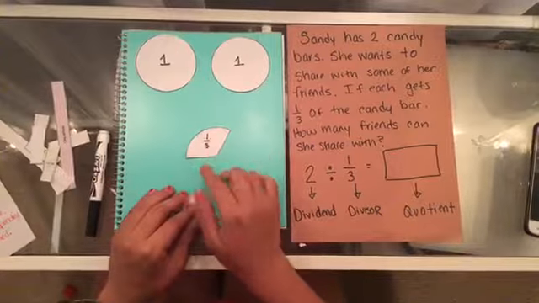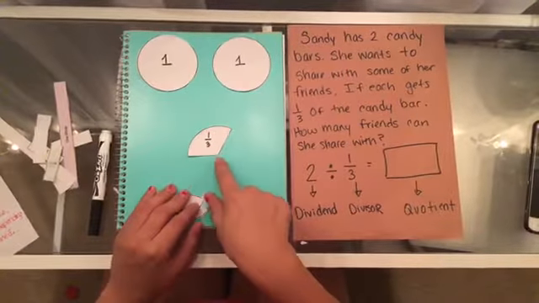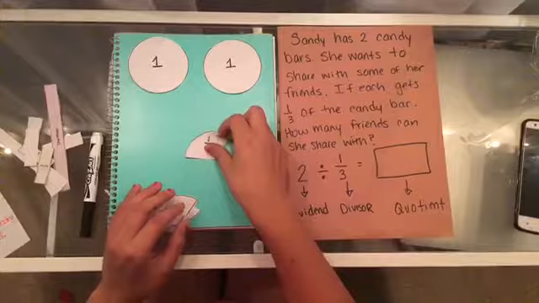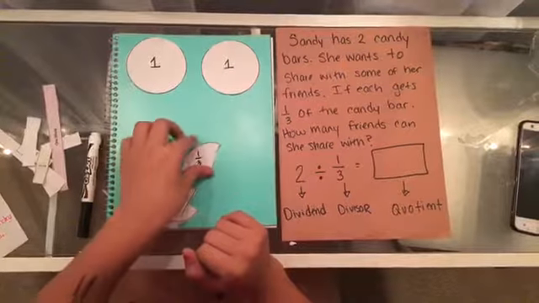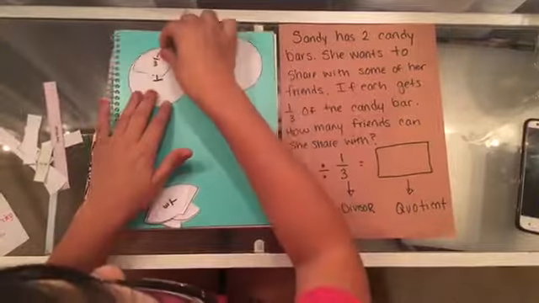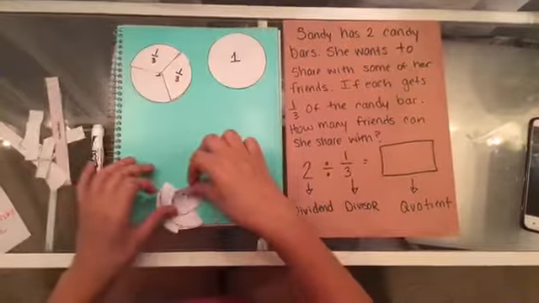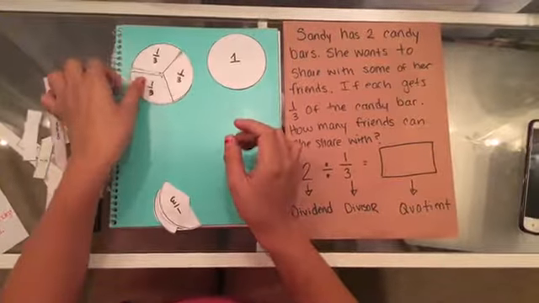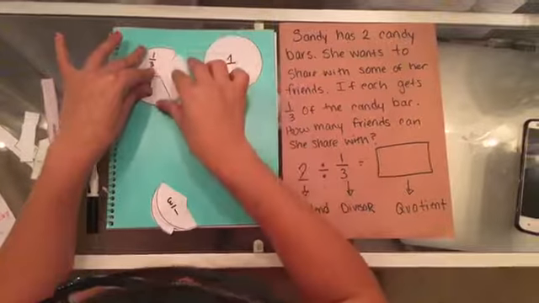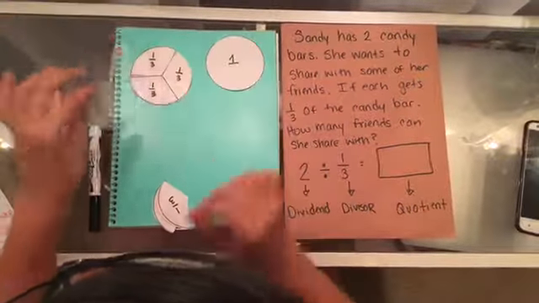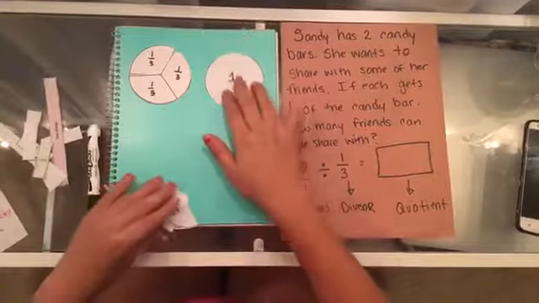So we need to figure out how many 1/3 we can get into 1 whole. So let's go ahead and figure that out. 1 1/3, 2 1/3, and 3 1/3. So I see that 3 1/3 makes my 1 whole.